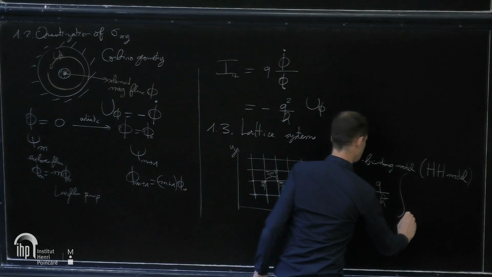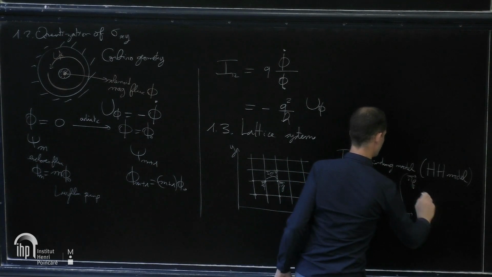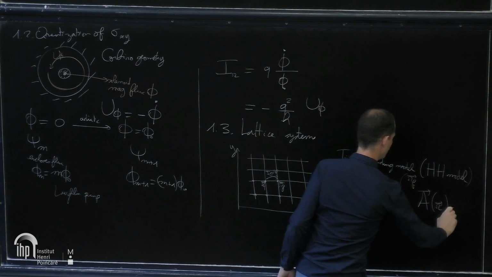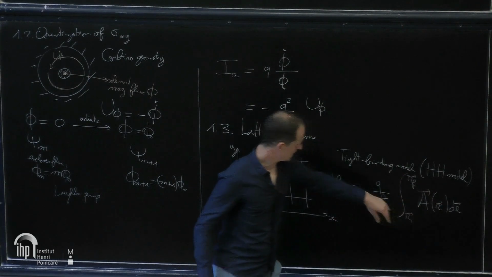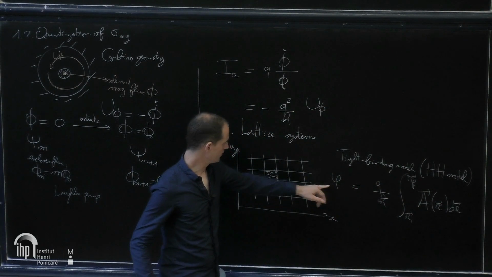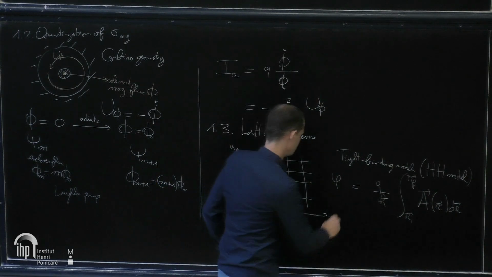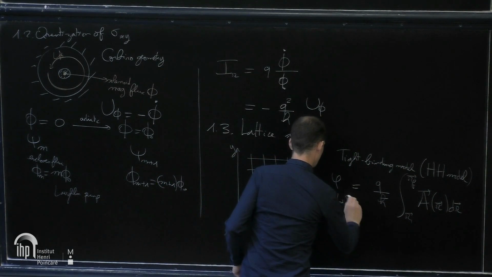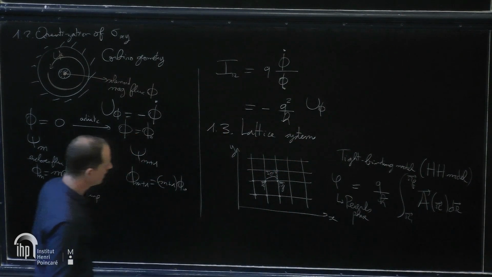And it is given by the line integral of the vector potential. Okay, so this is the Aharonov-Bohm phase, and the phase we get for the connection between two sites changes name. It becomes a Peierls phase.